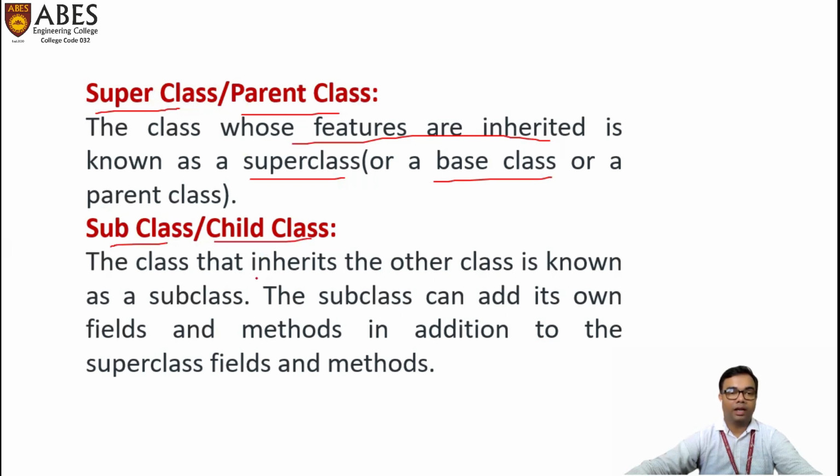The class that inherits the other class is known as a subclass. In the subclass, you can additionally add your own fields and methods. Suppose you want to add some more functionality, you can add some more methods.